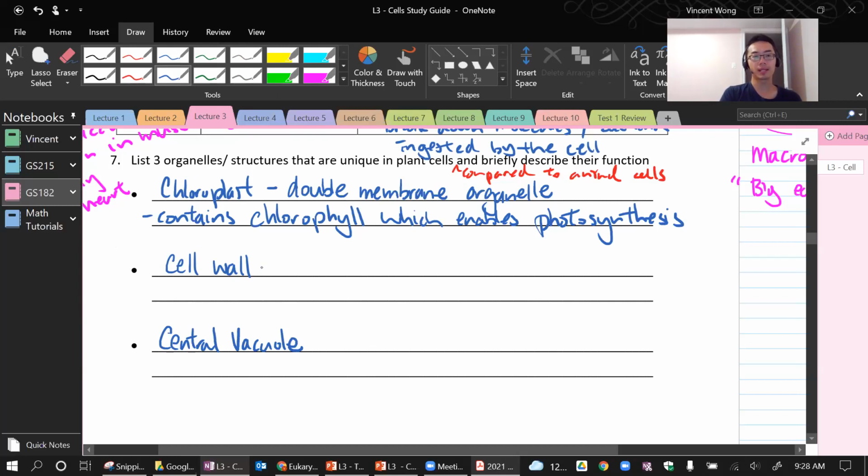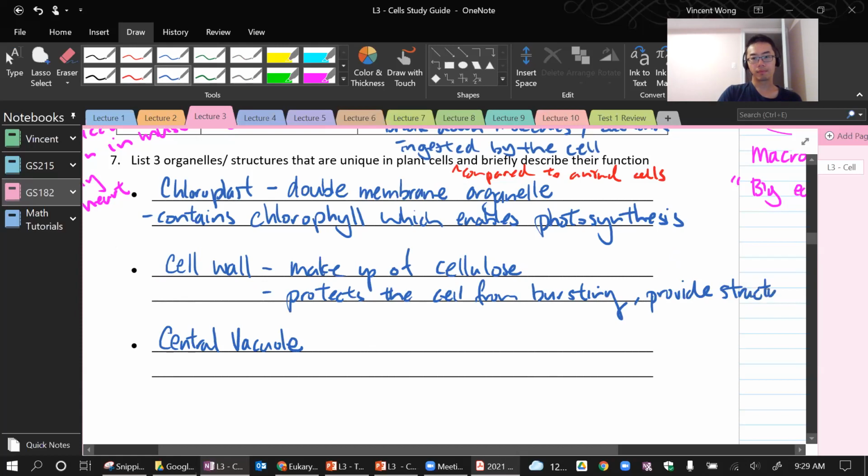Same thing for the cell wall, right? Cell wall is made up of cellulose, and what we learned last time, it protects the cell from bursting when there's too much water. It also provides structural support. And then there is the central vacuole.